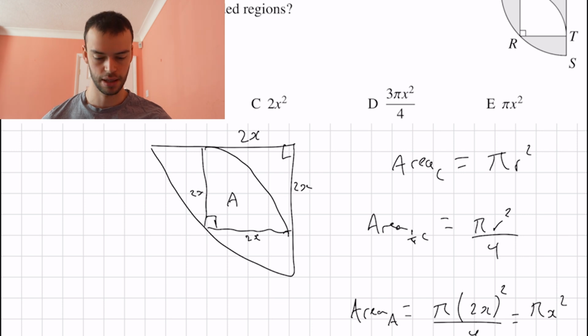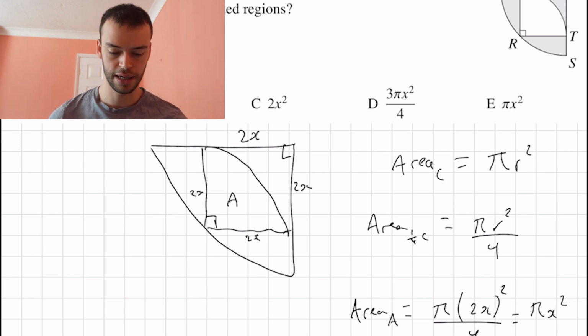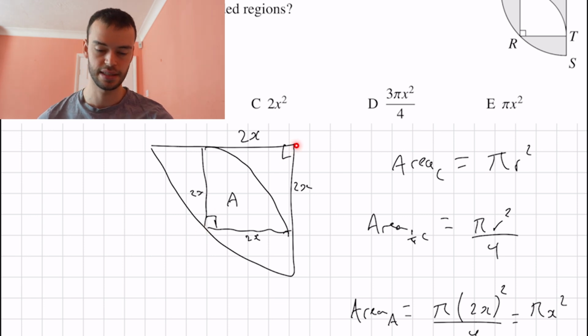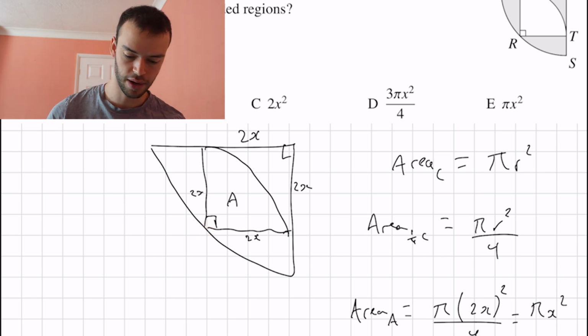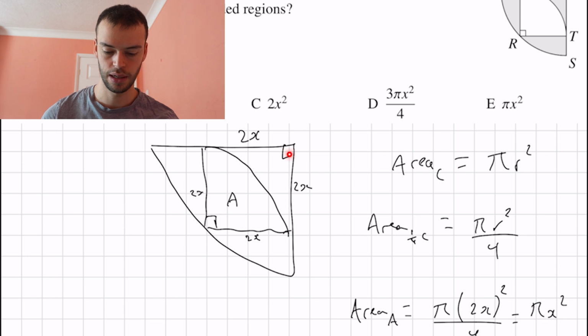But I've noticed something interesting. Remember that the radius is also equal to this length here, since this is the center of our big circle, and this is on the circumference. So if we find this length, we would have the radius.